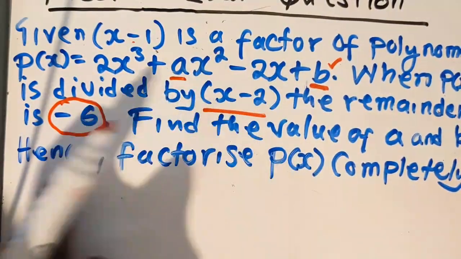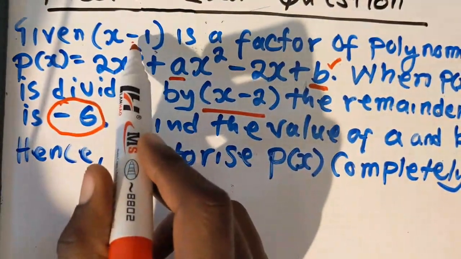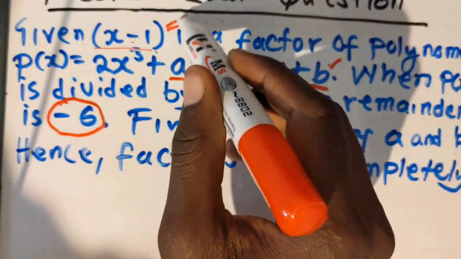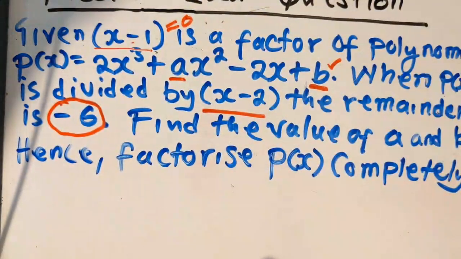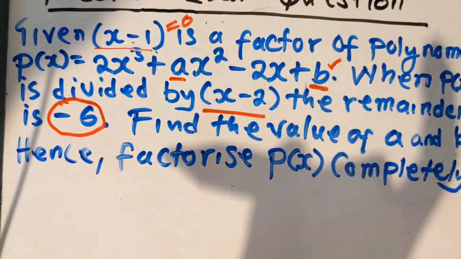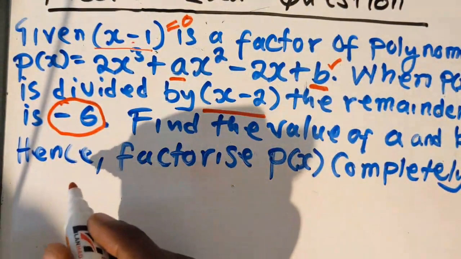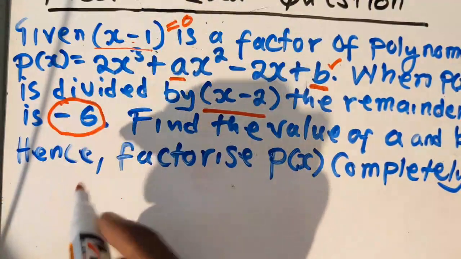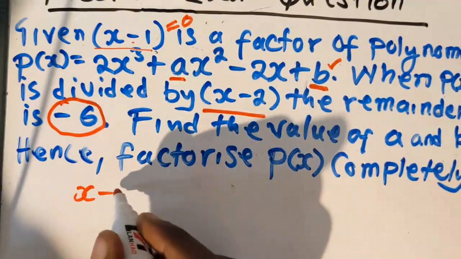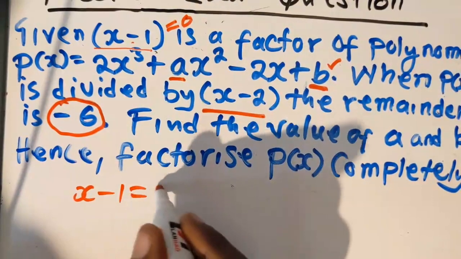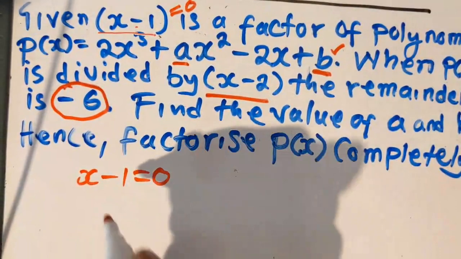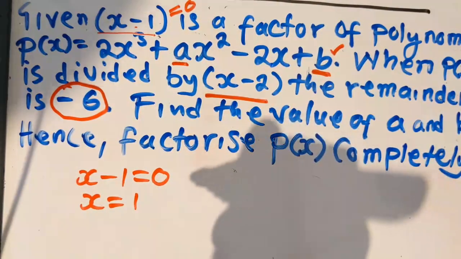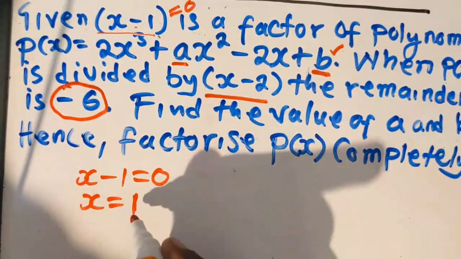We said that when you divide the polynomial by this, it is going to give you 0 as the remainder. So that is the number 1 thing you're supposed to do. We need to find the value of x, and what we do is say x minus 1 is equal to 0, you equate it to 0, then you find the value, which is x equals positive 1.